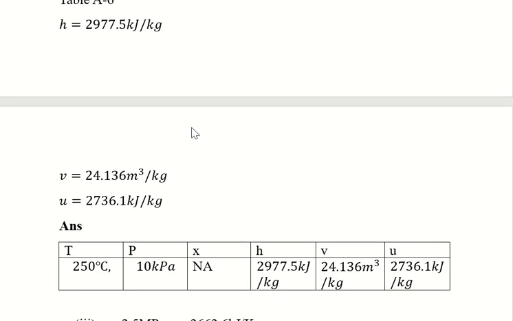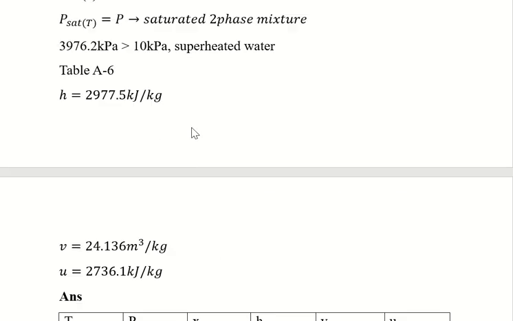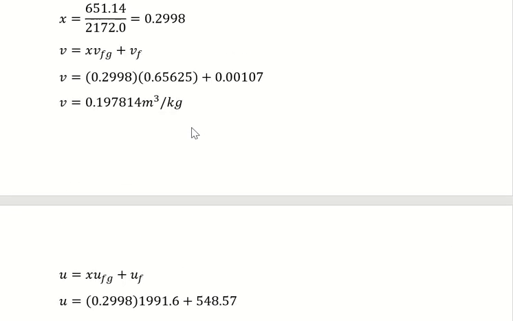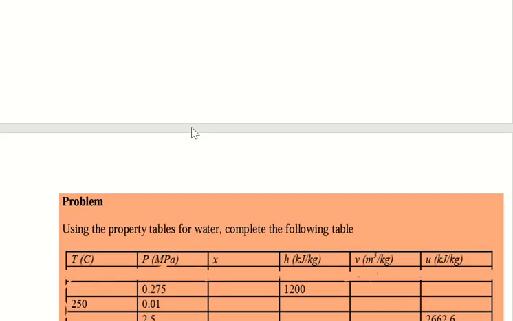Let me go back to the graph. I want to show you something real quick. I've already shown you before, but I want to do it again. The quality concept x is only real and has an influence once we're talking about mixtures that lie under this dome, anything under this curve. But beyond this curve, in these regions, the quality concept does not play any relevance.